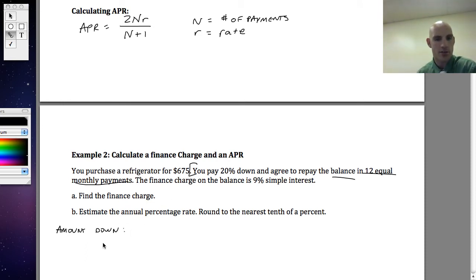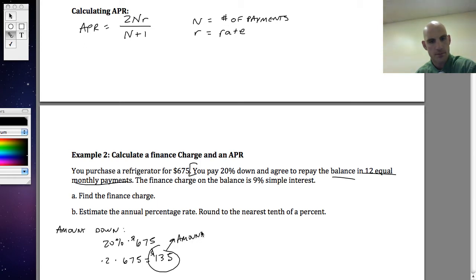So our amount down is going to be 20% times 675. As a math problem, this looks like 0.2 times 675. So the amount that I'm putting down is going to be $135. Okay? So this is my amount down. When I look at that amount down, 675 is what they're charging me, and I'm going to subtract that 135 to figure out the financed amount.